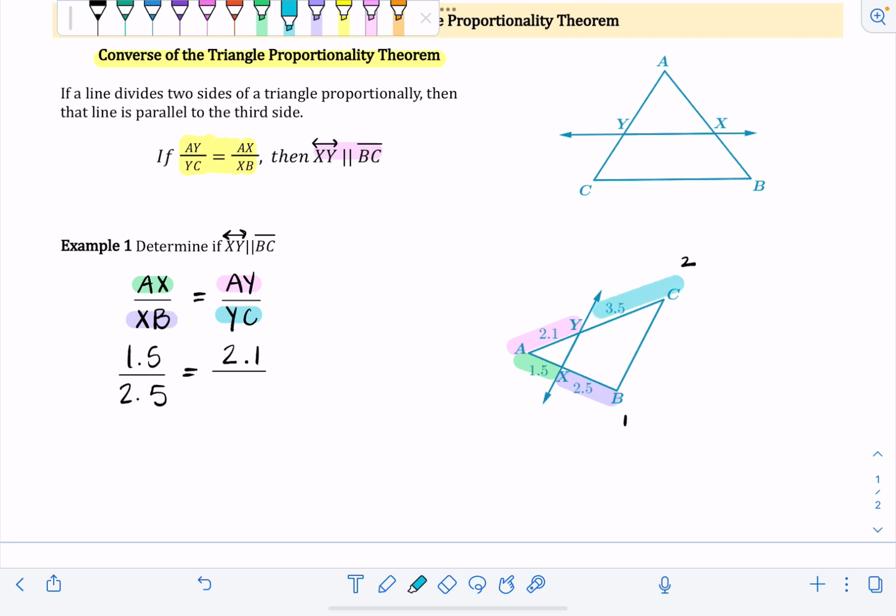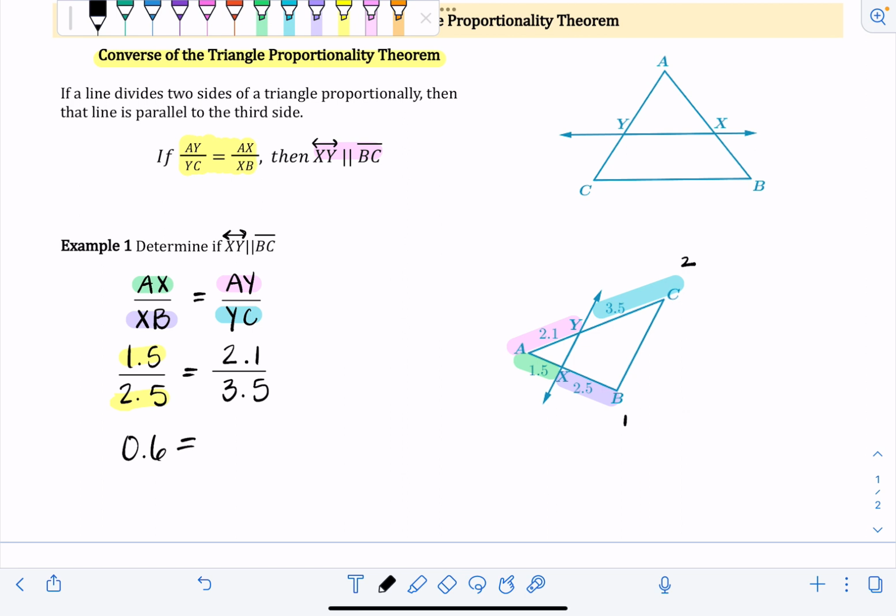So there's a couple different ways that we can do it. One is just simplifying each fraction, probably changing them both to decimal form, and making sure that they're equal. So for the first one, we could do 1.5 divided by 2.5, which is 0.6.